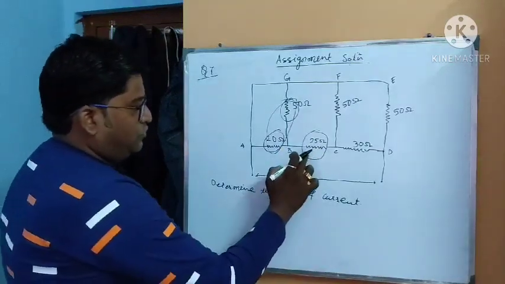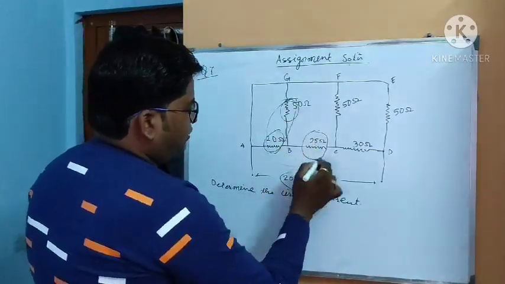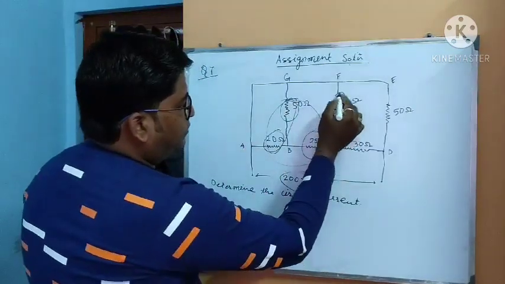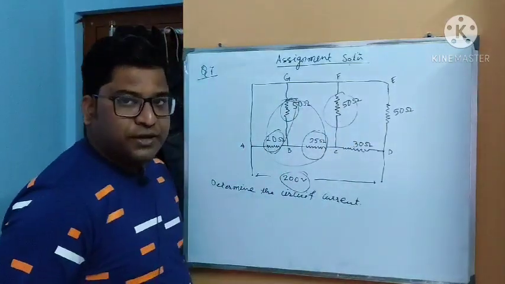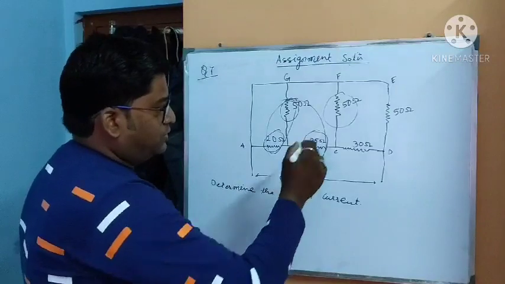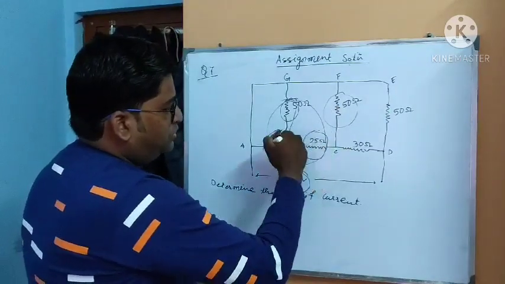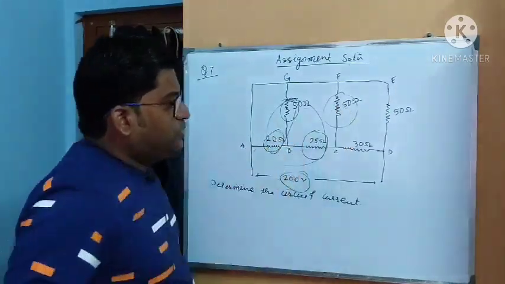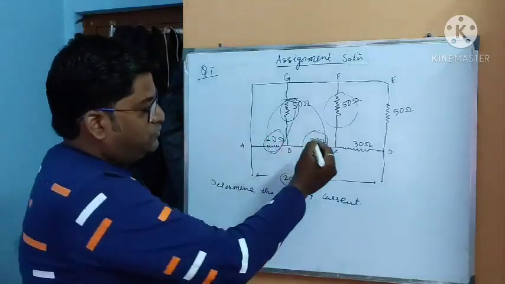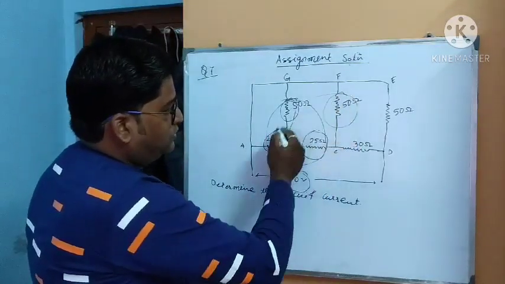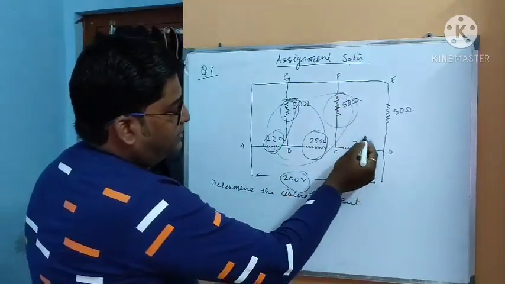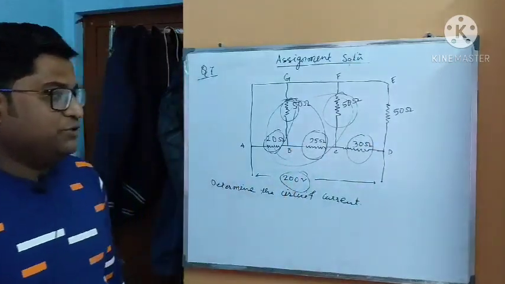Now the combination of these three resistances is connected in parallel with this 50 ohm resistance. Clear? The combination of all these four resistances is then connected in series with this 30 ohm resistance.